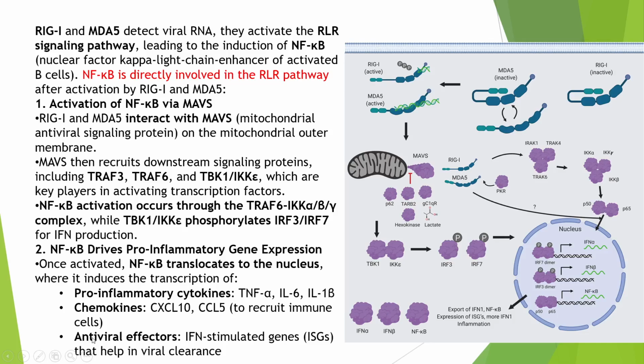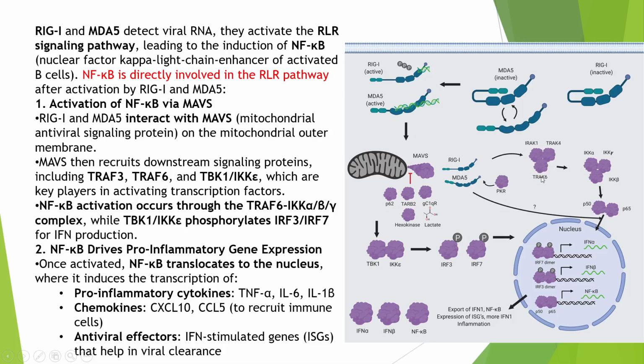Then it also activates the transcription of antiviral effectors, that is your interferon stimulated genes called ISGs, that help in viral clearance. So you have your RIG1, MDA5 in inactive form and active forms. Then they interact with MAVS. Once they interact with MAVS, then again downstream several other protein interactions start.